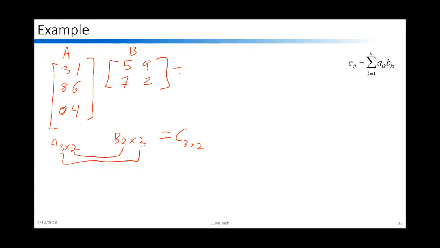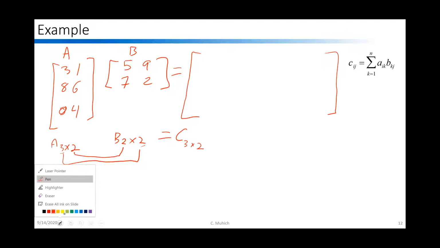So let's go through and set up what C might look like. I'm going to switch colors just so we can see what's going on. So I'm going to now take this equation. I'm going to be working on element 1, comma 1.